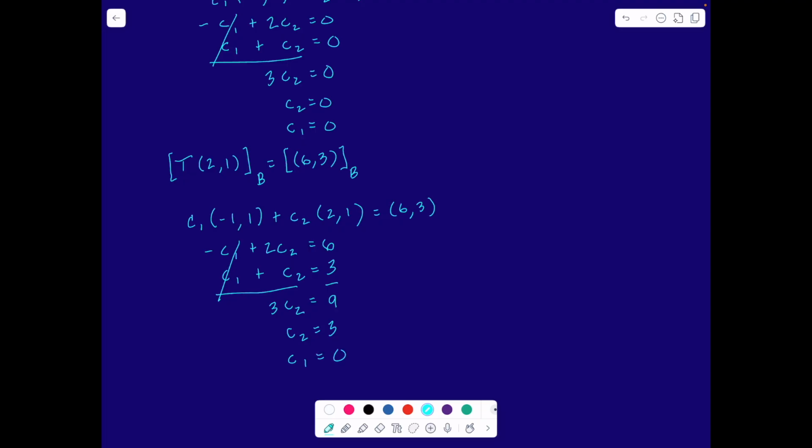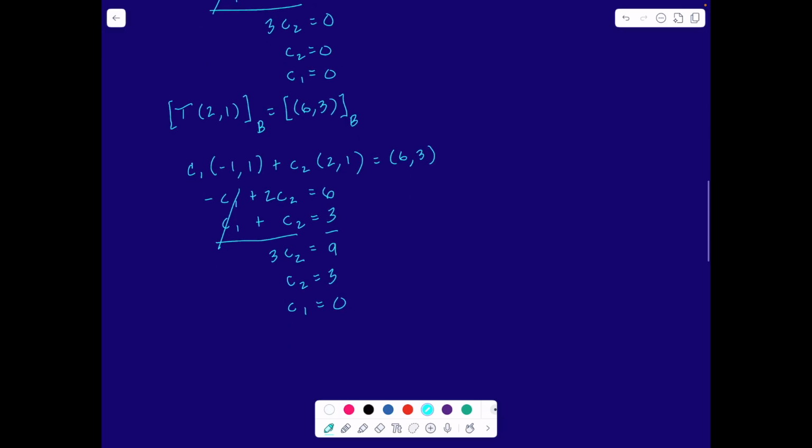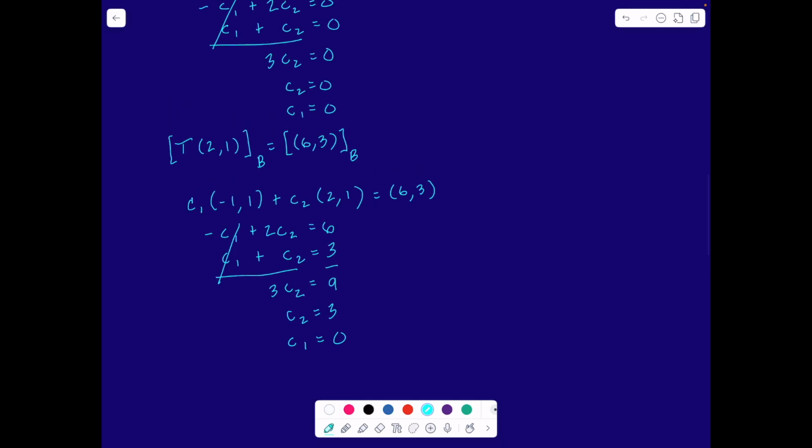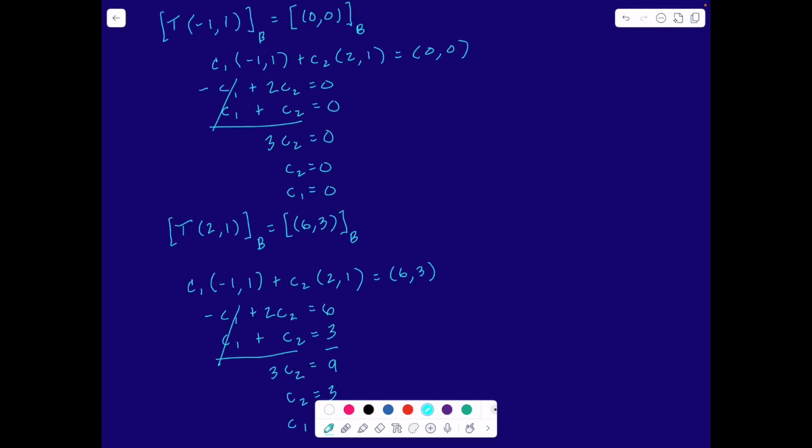So it's kind of like that extra layer that you have to go through for this one. So what does that mean? For the first one, you just get the same vector, right? Because you basically have 0 times (-1, 1) plus 0 times (2, 1) is equal to 0.